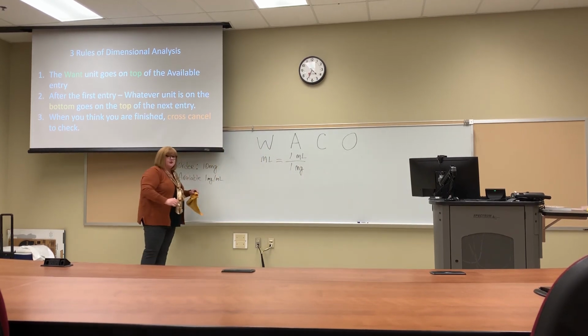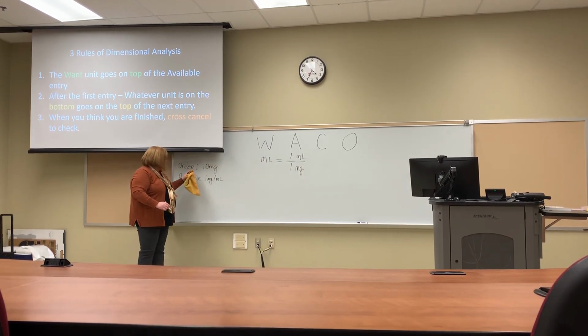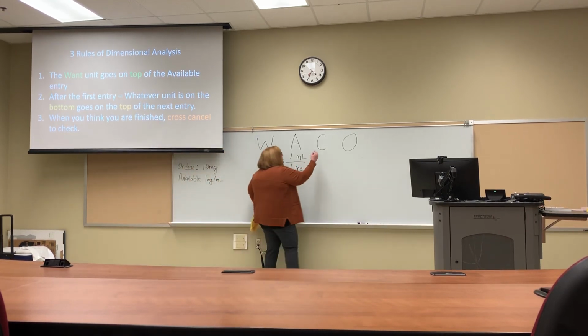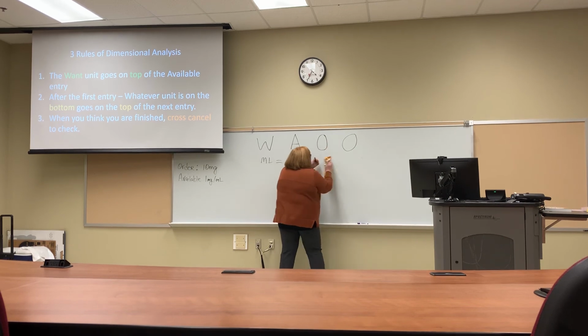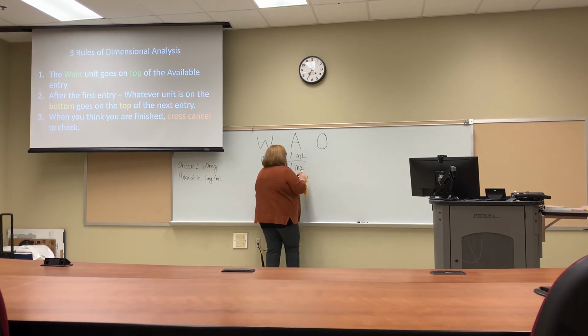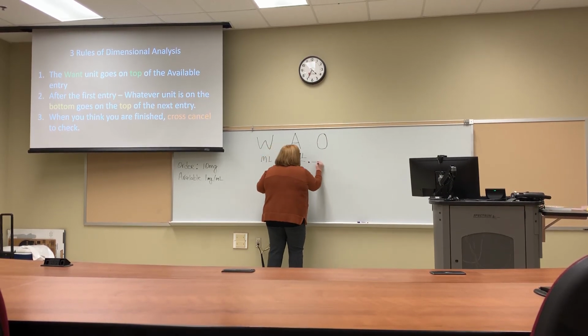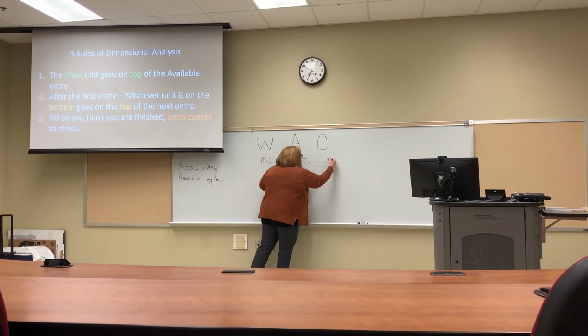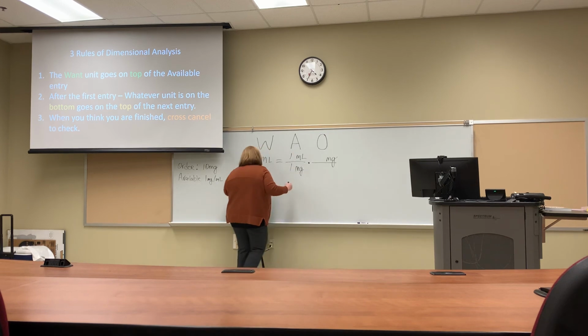Do we need a conversion for this one? Milligrams, milligrams? We don't need a conversion for this one. So for this case, I'm going to change that C into an O, and we're just going to have our order. I'm going to follow my second rule, put milligrams up here for my order.